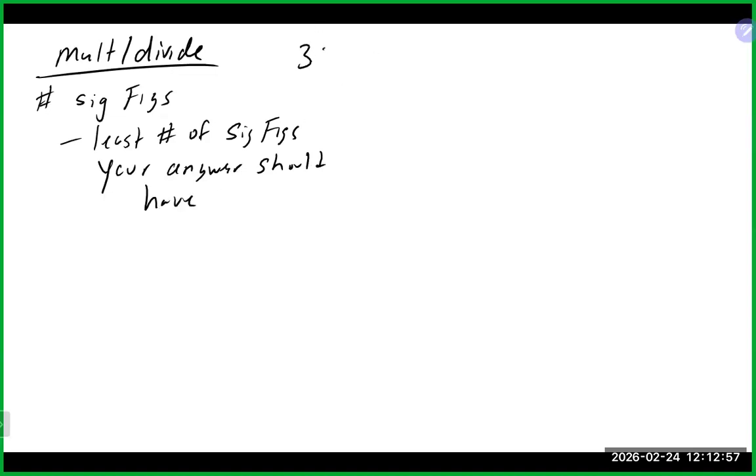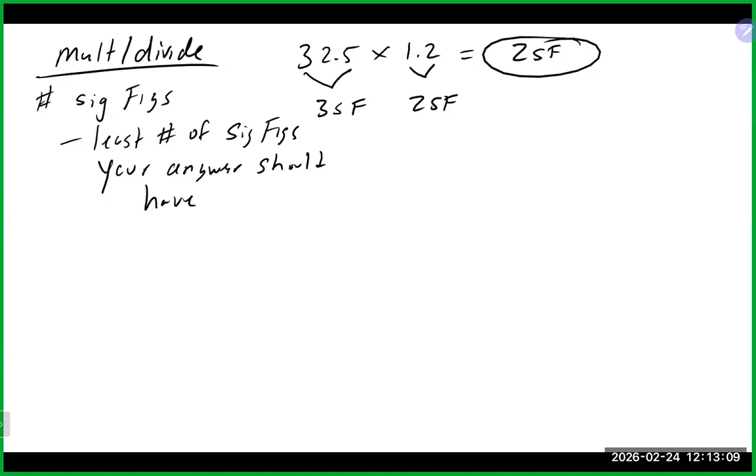So if I took 32.5 times 1.2 and we're multiplying, this one has 3 significant figures. This one has 2 significant figures. Our answer should end up with 2 significant figures.